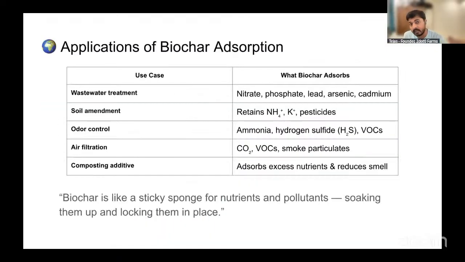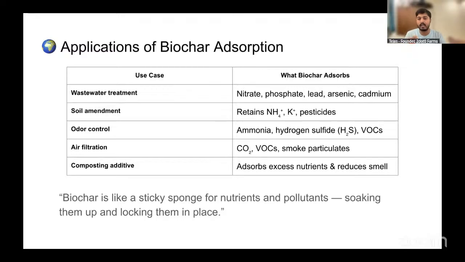So where does this adsorption come into play when it comes to soils? What can biochar adsorb, and in which use case, how does it help? Let's say wastewater treatment. Wastewater is water that has very high nutrients in general, nitrate, phosphate, lead, and sometimes pollutants like arsenic and cadmium.